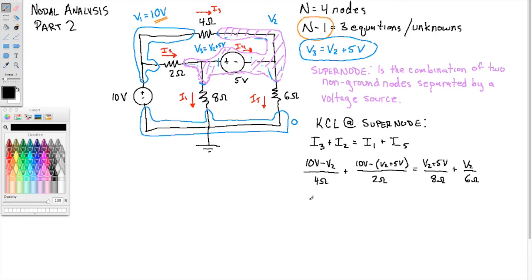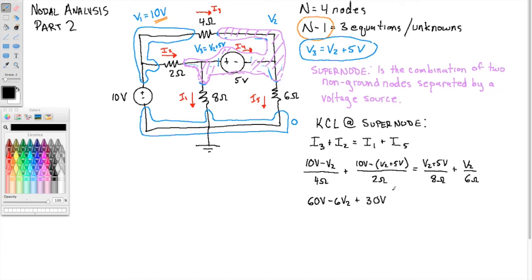I'm multiplying everything by 24. So I have 10 volts minus 5 volts, that's 5, and times 6, that's 30 volts.